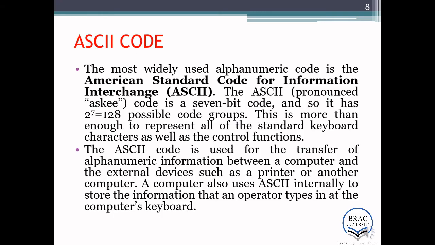This is more than enough to represent all of the standard keyboard characters as well as the control functions. The ASCII code is used for the transfer of alphanumeric information between a computer and an external device such as a printer or another computer.